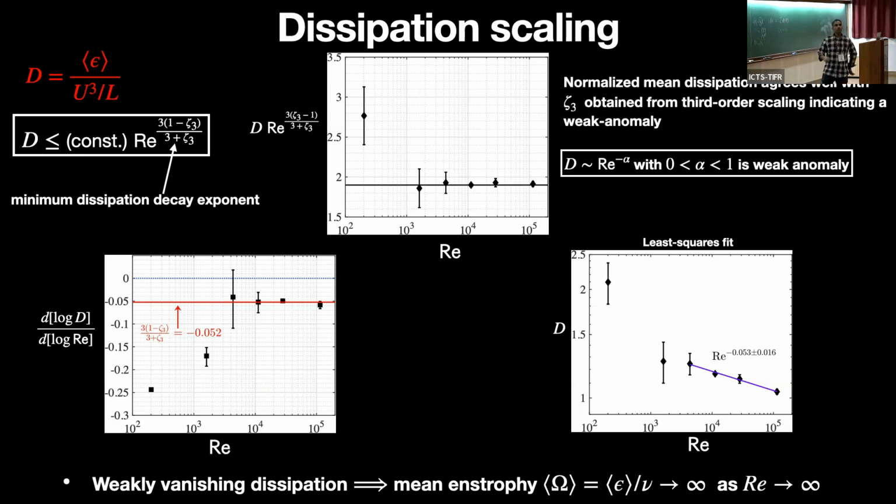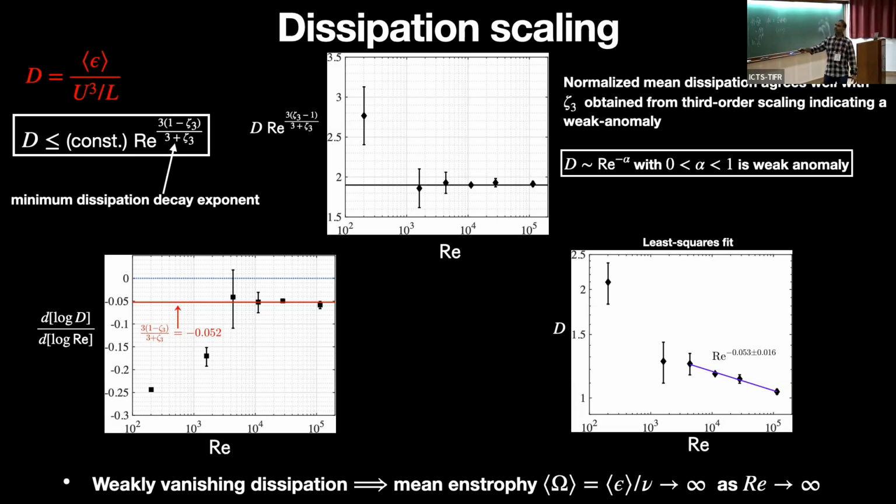So you can show this in a few other ways. You can also calculate the logarithmic local slopes for the dissipation as a function of Reynolds number and show them on a linear ordinate. You see here that this is what I've done, and 0 here corresponds to the case where the anomaly holds.